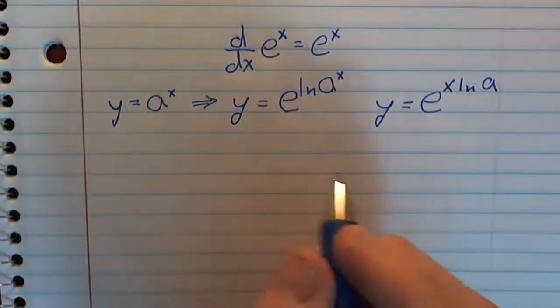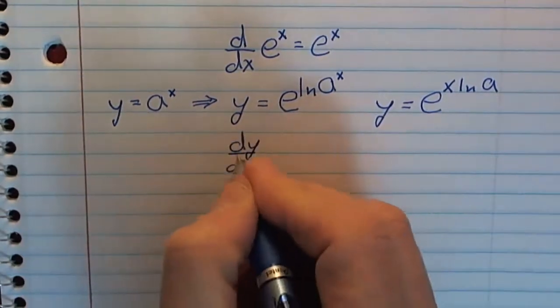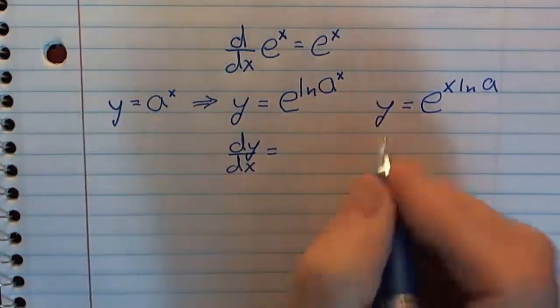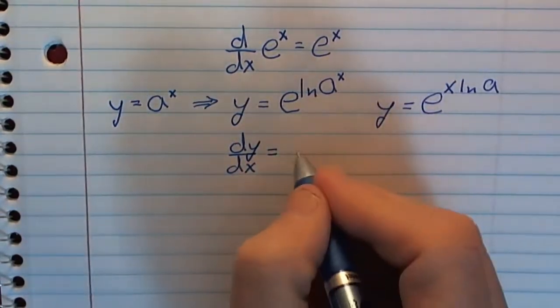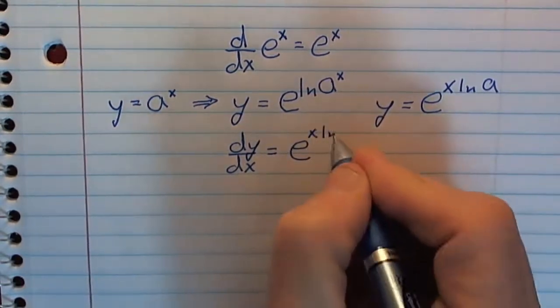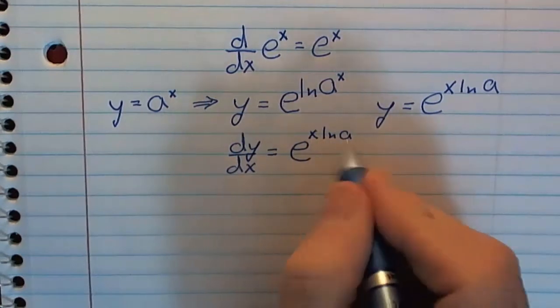Now I want to differentiate. So here I go. I'm going to say dy dx. Well, let's see here. We take the derivative of the outside, which is the e part, and now times the derivative of the inside.